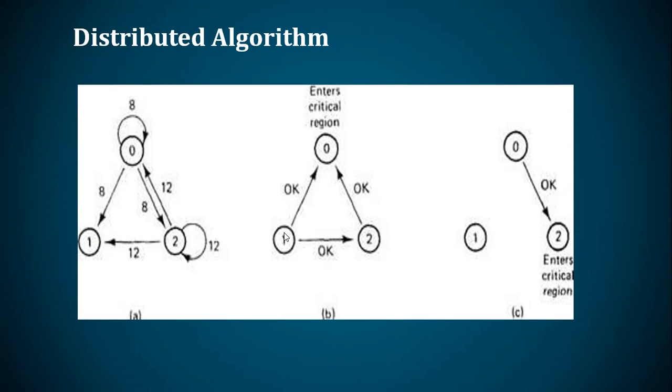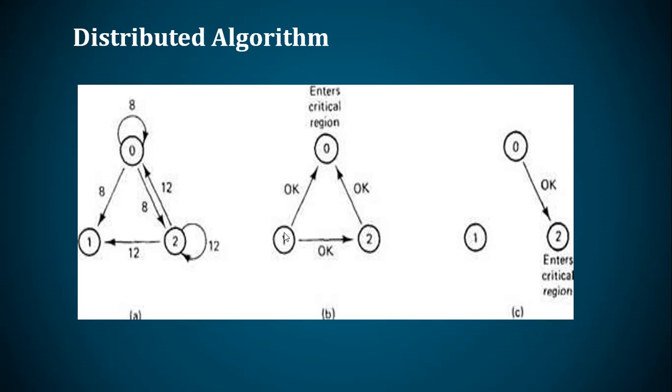We will understand the distributed algorithm with the help of this diagram. Here we are having three processes: process 0, process 1 and process 2. Now consider a situation where process 0 and process 2 both want to enter inside the critical region at the same time. Then what will we do?